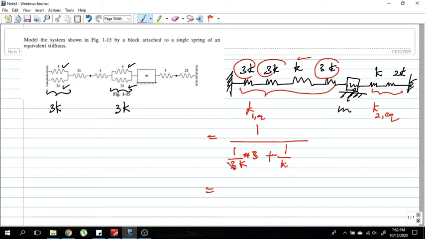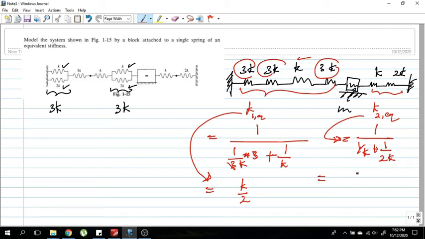And 3 cancels out, and this is k over 2. And this guy you can write as 1 over k plus 1 over 2k, so it becomes 2k over 3. Okay, 2k over 3.